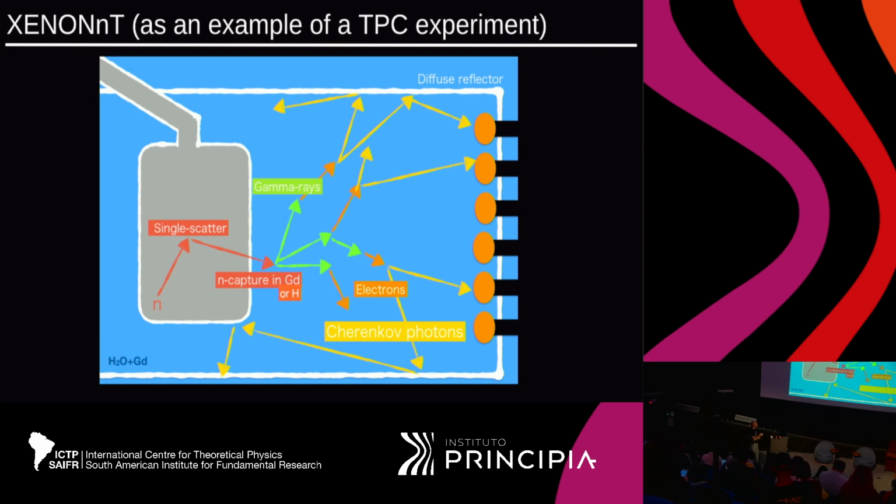So you are using this mostly as a delayed tag, not so much as a pre-tag, okay? Although you can also do that. But the thing is that in this case, you are able to see neutrons that have a very, very low energy, much lower than you would be able to see inside here, okay? And you are using that to tag whatever events you happen to have inside the vessel, okay?